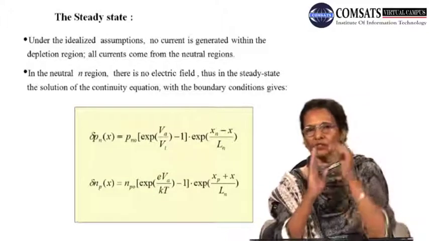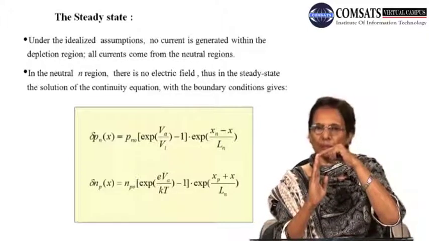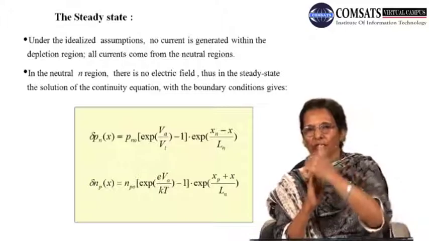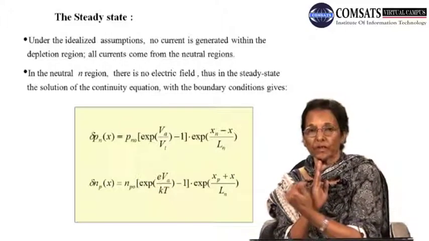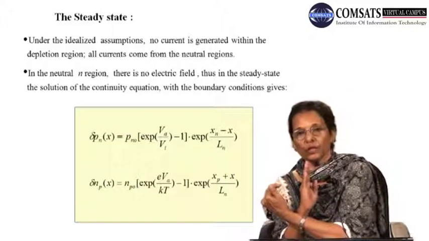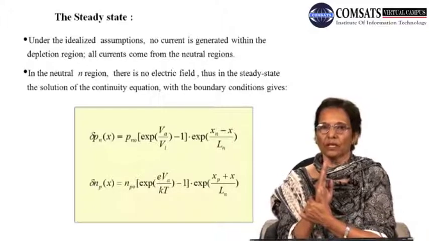So as the electrons diffuse starting from the boundary of the neutral P region and the depletion region, the concentration of injected minority carriers will decrease due to the recombination process.